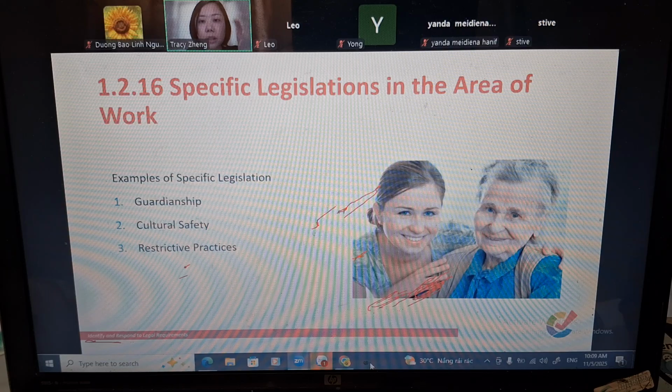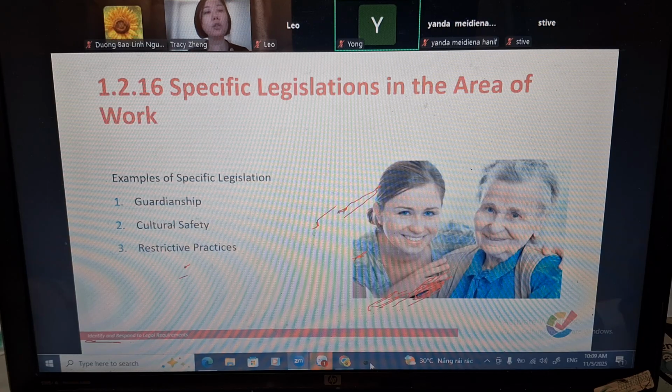It could be their friend, their neighbor, or someone else they trust to be their guardian. It doesn't have to be a family member. Especially sometimes the clients may not get along well with their family members, then they can definitely appoint somebody else as their guardian. Does that make sense?